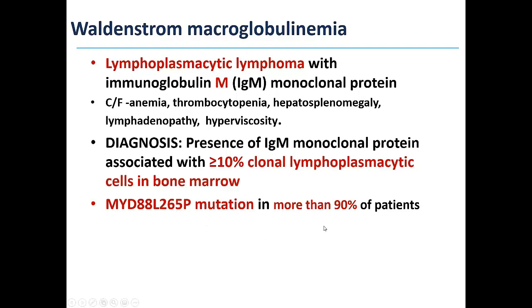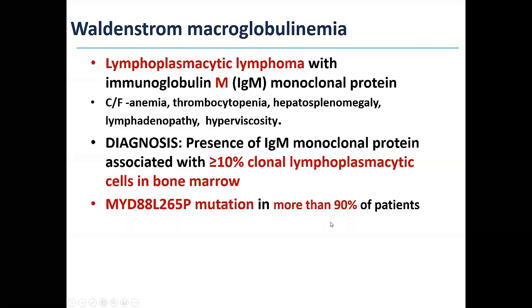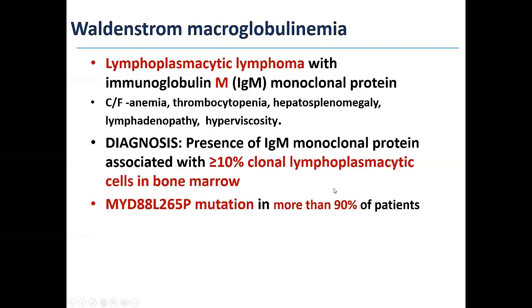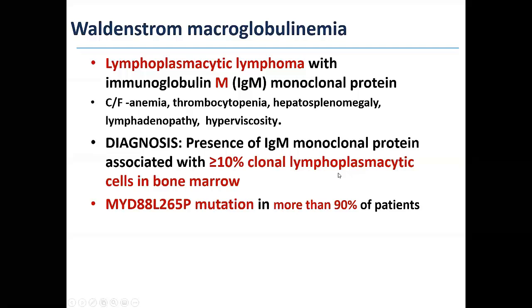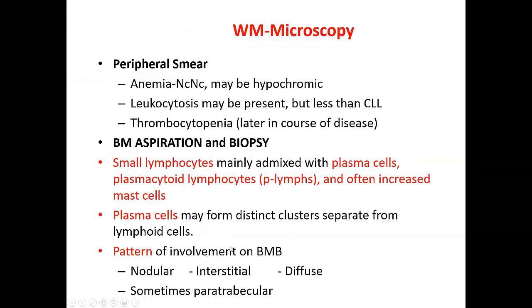Now, this mutation is seen in nearly all cases. So far, by and large, most of the studies show that more than 90% of the cases demonstrate MYD88 mutation. So now we have three criteria: IgM secretion, more than 10% lymphoplasmacytic cells, and then MYD88.